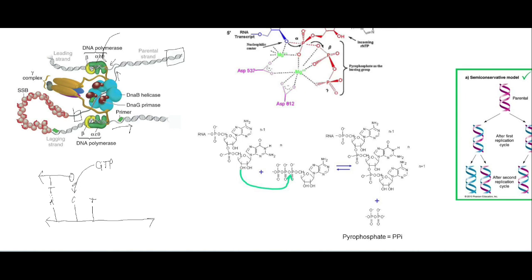And so once we have that CG, this will be in the GMP form, and we have what's called a pyrophosphate come off of it, and the release of that pyrophosphate makes it an energetically favorable reaction.